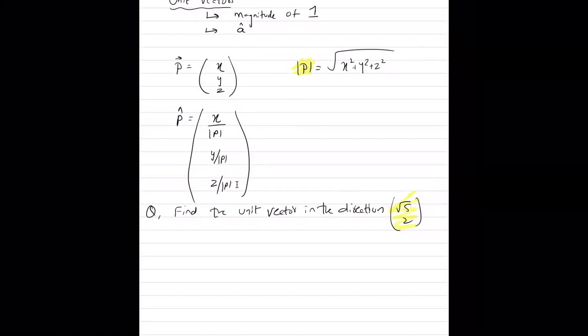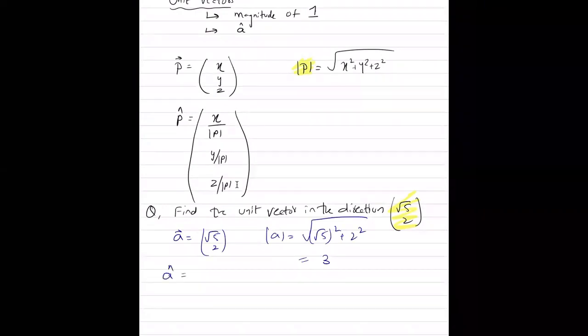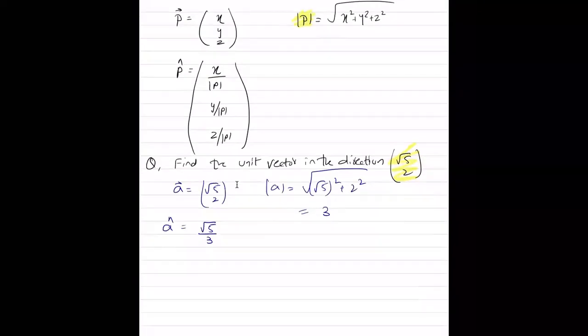I'm naming this vector A. So if A is root 5, 2, then A magnitude is square root of root 5 square plus 2 square, which is 5 plus 4, 9, that comes out to be 3. So then A hat, the unit vector, is going to be root 5, the x component divided by the magnitude, and the y component divided by the magnitude. This is the unit vector. Later we are going to write them in terms of i, j and k as well.